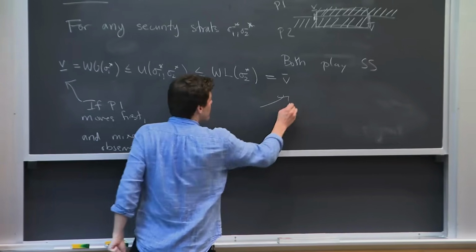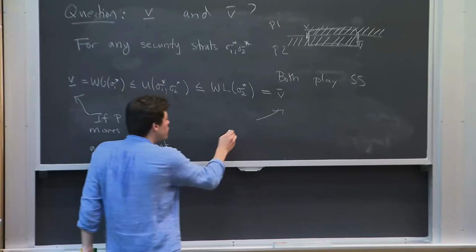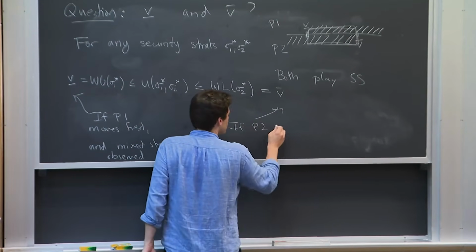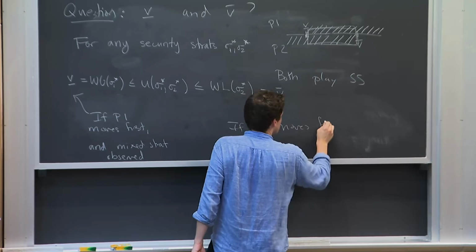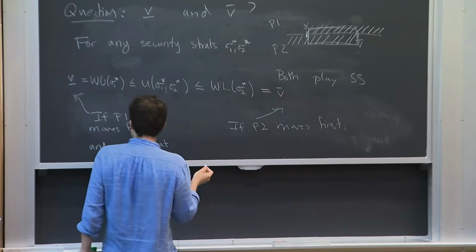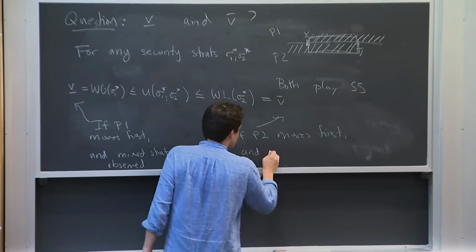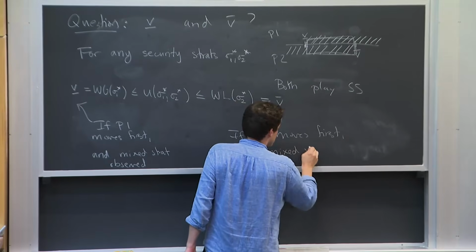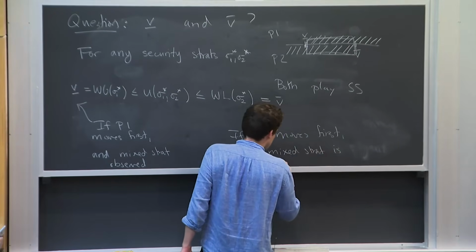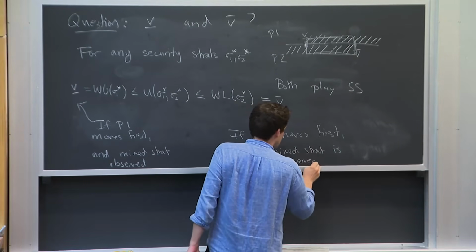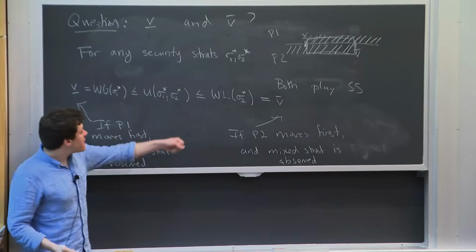Similarly, V upper bar, we can think of that as representing, well, if P2 moves first, and their mixed strategy is observed. Well, now it's the same reasoning, right?